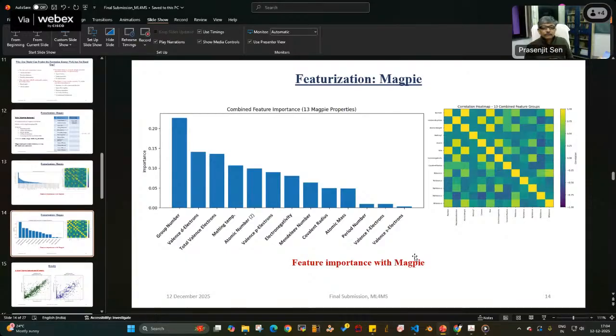Yes. So we are trying to get the best formation energy and band gap. To get the best formation energy, there are interactions involved between the atoms. Is this importance for formation energy or for band gap?